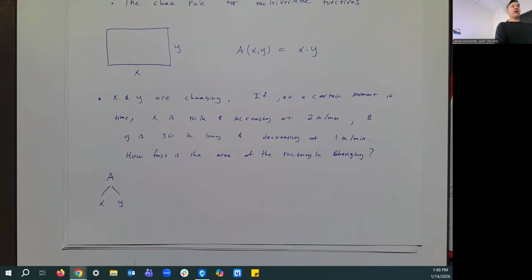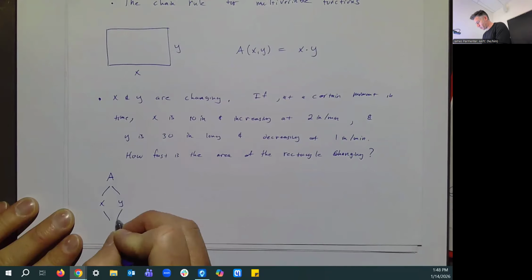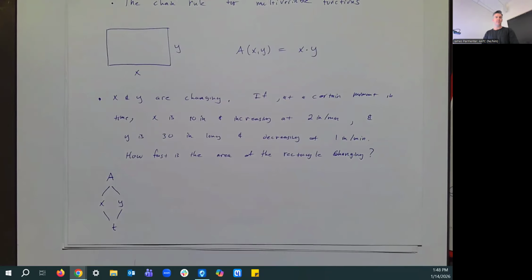They both have rates of change, aka derivatives, that are mentioned in the problem. We know that x and y are both functions of time. So we want to find how fast the area is changing. In other words, we want to find the derivative of the area function with respect to time.